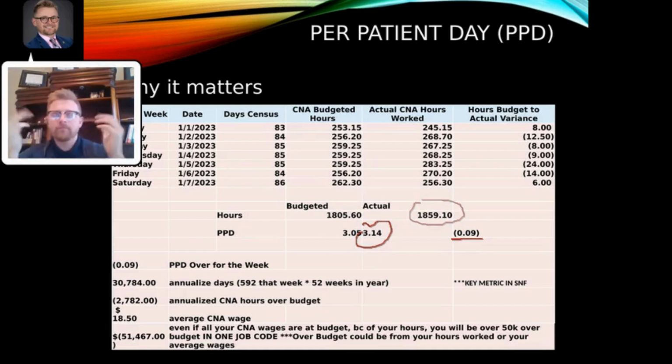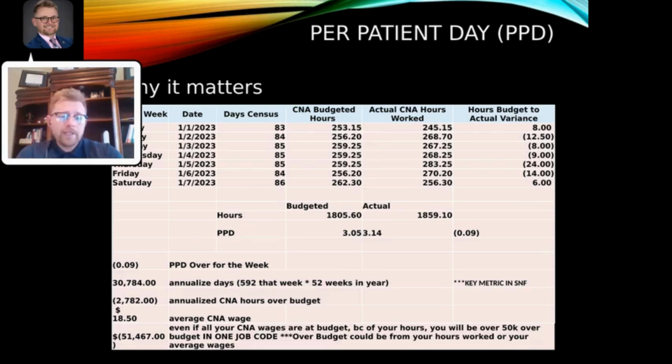Now, big deal, right? Well, here's the thing though. If you can't manage this process day by day, week by week, month by month, one day you will go into work, you will get a labor report, and you will be so far off budget that there will be no way to correct it. And let's look at that.